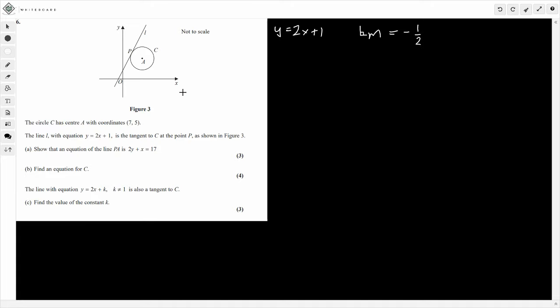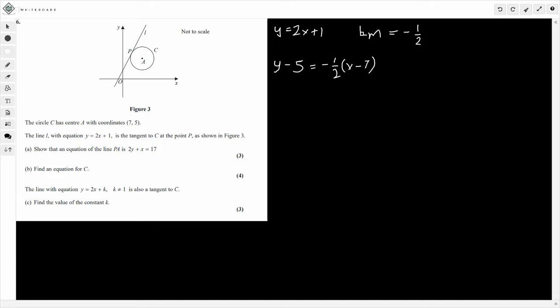So all we need to do is sub in the coordinates for A. So that's going to be y minus y1, so y minus 5, is equal to m, your gradient, minus a half, times x minus x1, where x1 is 7.